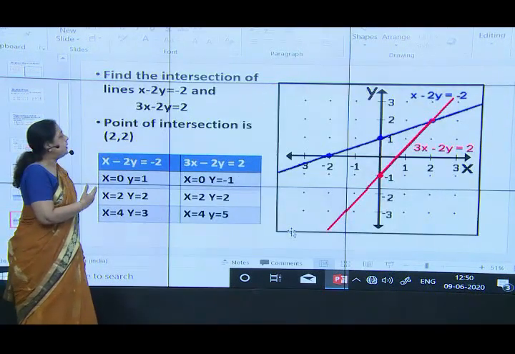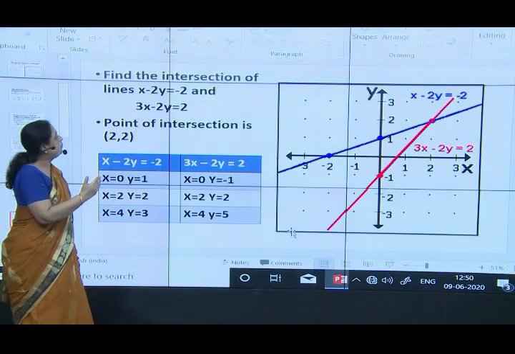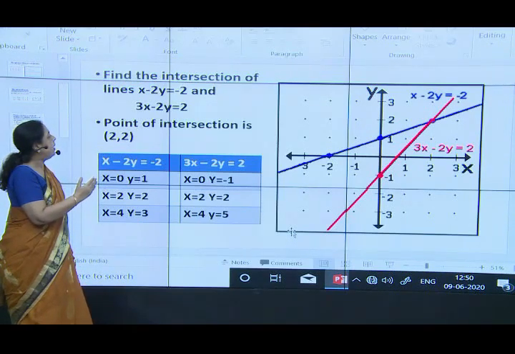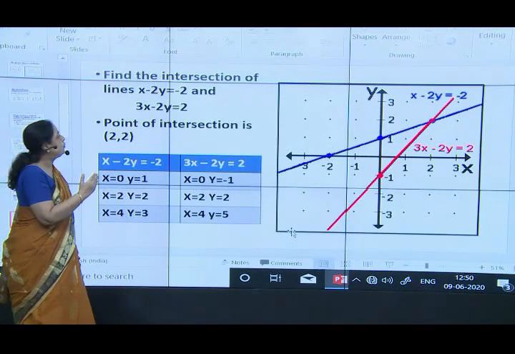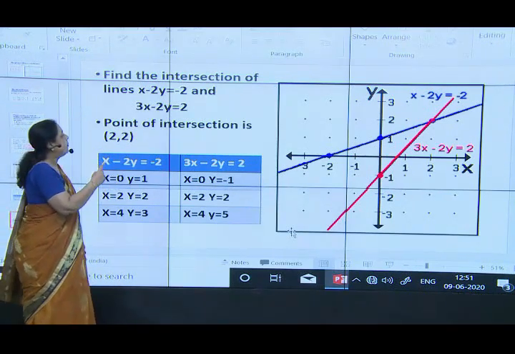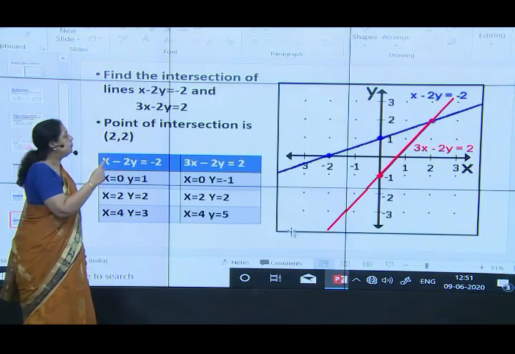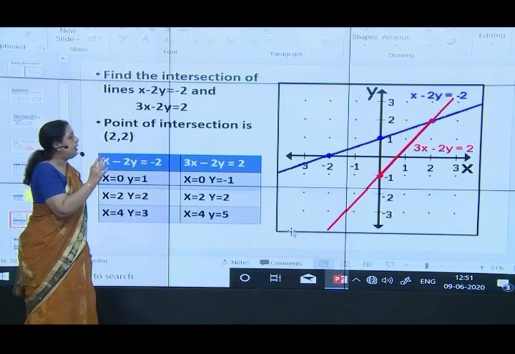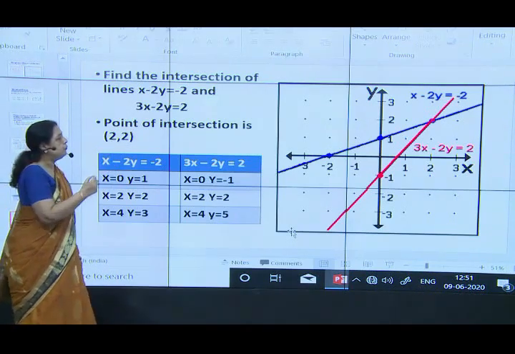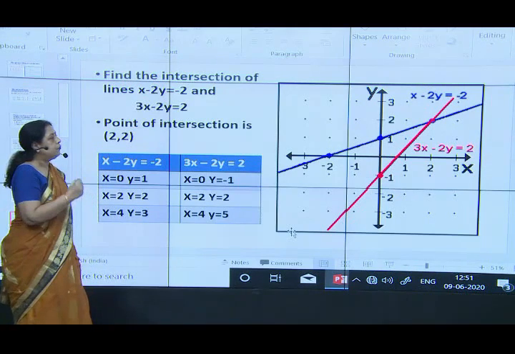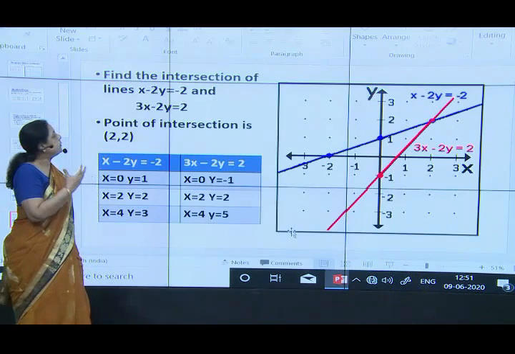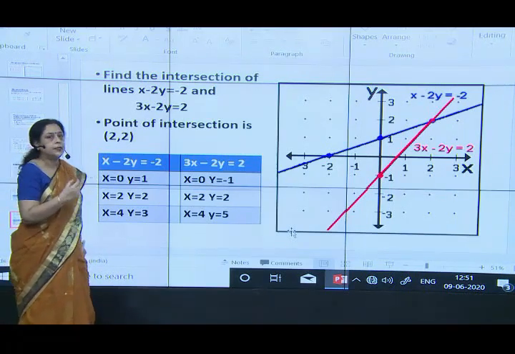The equations are x minus 2y equal to minus 2 and 3x minus 2y equal to 2. Both the lines intersect at point (2, 2). So here (2, 2) is the solution of this pair of equations.